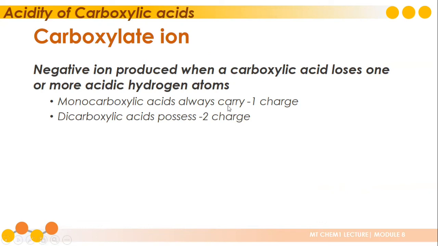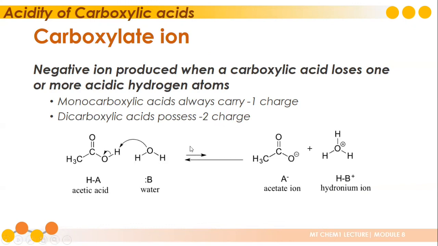Monocarboxylic acids always carry a -1 charge. Dicarboxylic acids possess a -2 charge. As you can see in this one, we have acetic acid combined with water. The hydrogen in the hydroxy group of the acetic acid is transferred to the water, which creates hydronium ion, leaving us with an acetate ion.